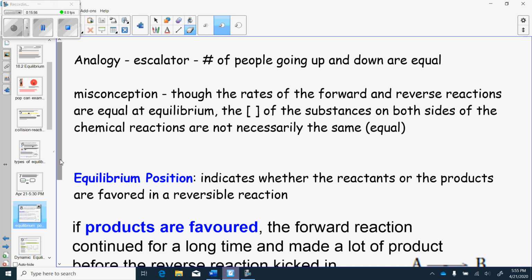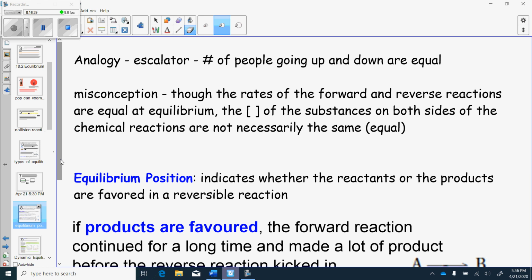So if we have 10 moving up and 10 moving down, now you've reached dynamic equilibrium. You might have 200 up on the second floor and 500 on the bottom floor. But if you have equal amounts transferring between the second floor and the bottom floor, then you have equilibrium.